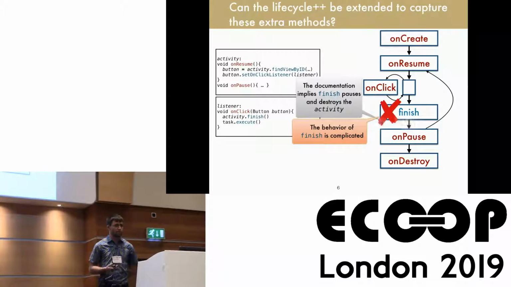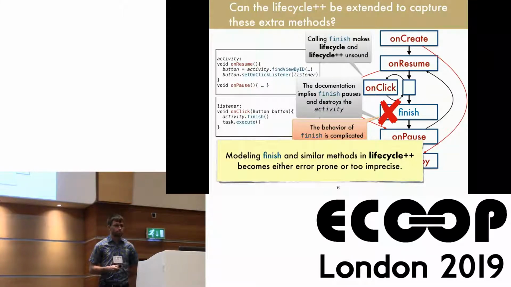But you can't actually put it here. This isn't the real behavior of the framework. And if you try to start drawing all the edges that are related to finish, this gets very complicated very quickly. So modeling finish in this way becomes really error-prone and potentially imprecise if you just try to add all the edges.